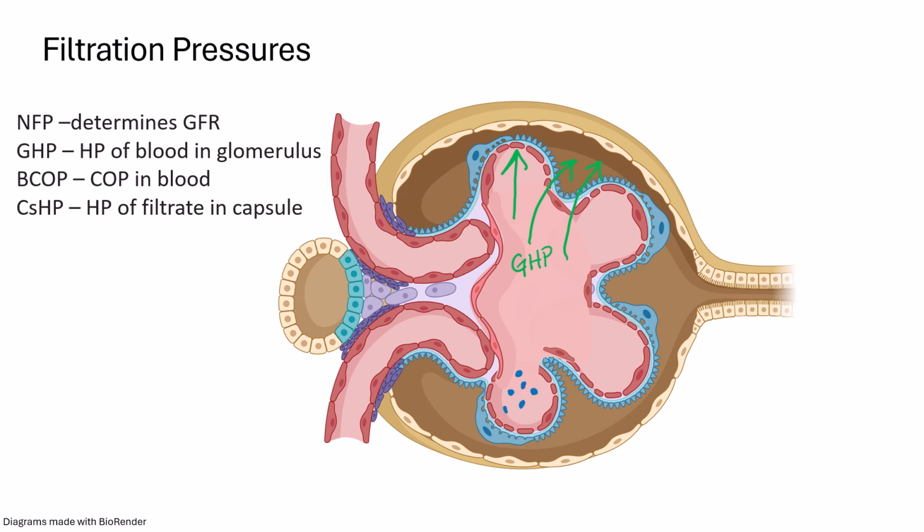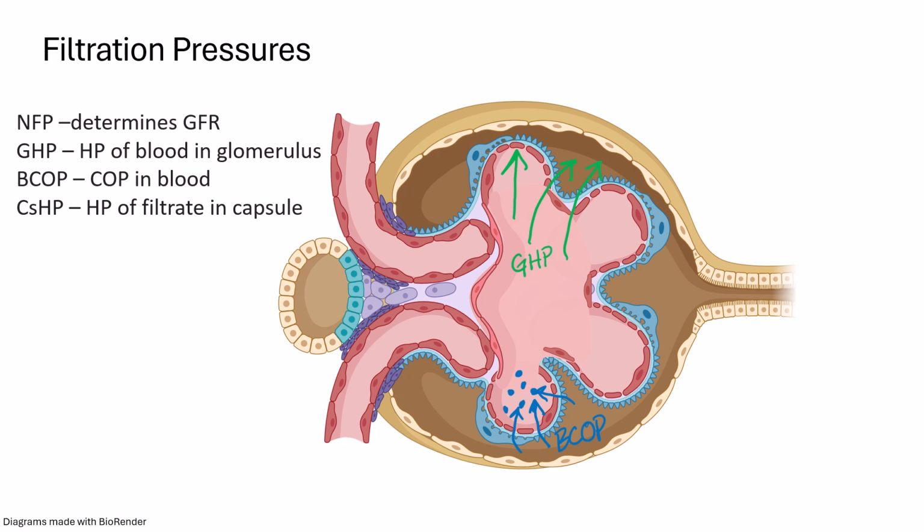This attractiveness tries to suck water back into the glomerulus, or at least prevent that water from leaving the glomerulus. The colloid osmotic pressure generated by your blood, how salty you are, how dehydrated you are, is a force that opposes filtration. So the blood colloid osmotic pressure keeps fluids in the glomerulus.